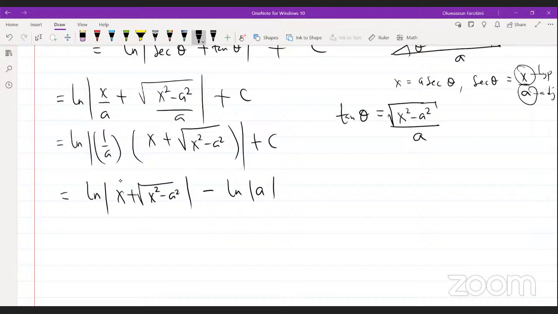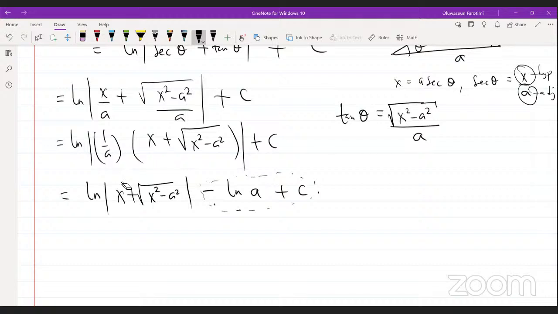But a is a positive number from the question, so I can drop this absolute value since a is positive. But keep in mind, guys, that a is a constant. So that means the whole of this guy is also going to be a constant.